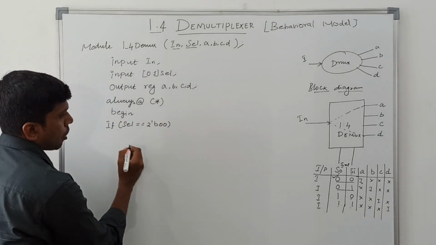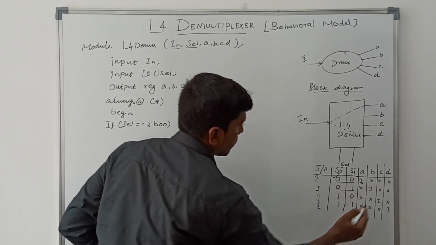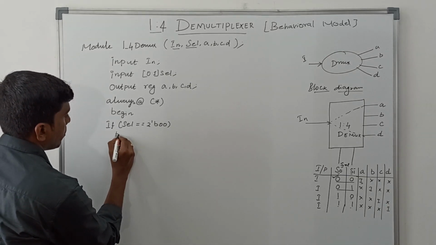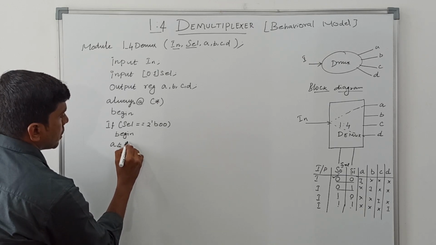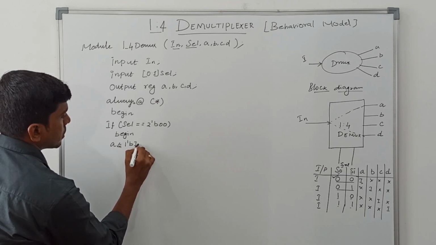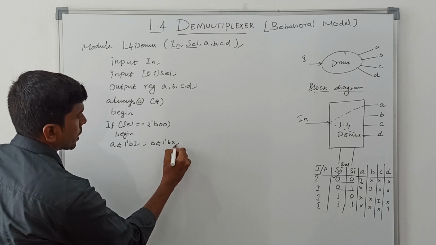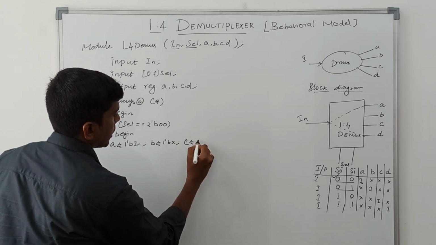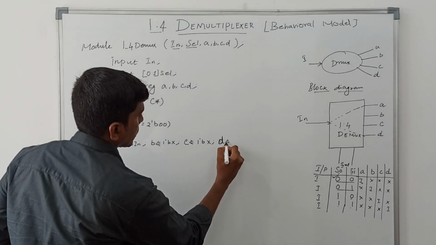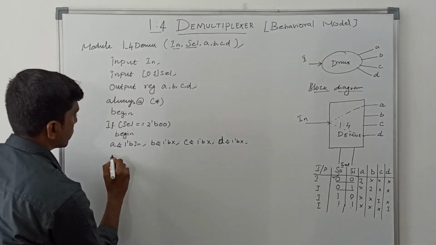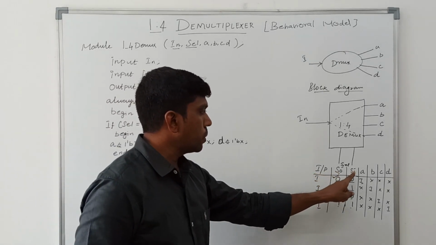In this case, output A is the input, B is don't care, C is don't care, and D is also don't care. So begin: A assign 1'b in, B assign 1'bx don't care, C assign 1'bx don't care, D assign 1'bx don't care, and end. So the first condition is over: S0 value 0, S1 value 0.